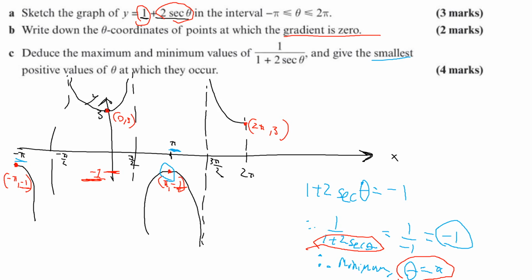Now, for the maximum point, right, I'm going to do this in a different color. So at max, 1 plus 2 sec theta, where's that at? It's at 3, isn't it? So therefore, 1 over 1 plus 2 sec theta is going to be a third, right?